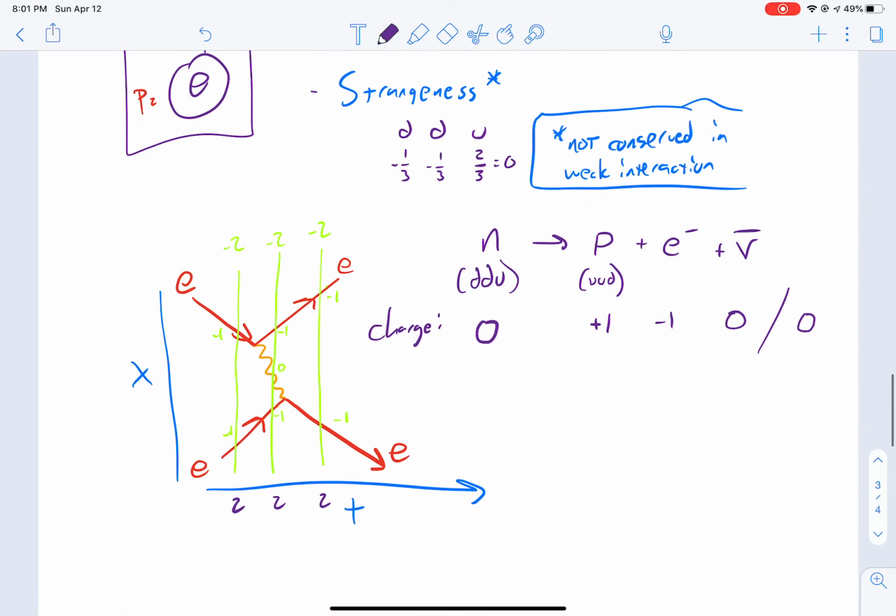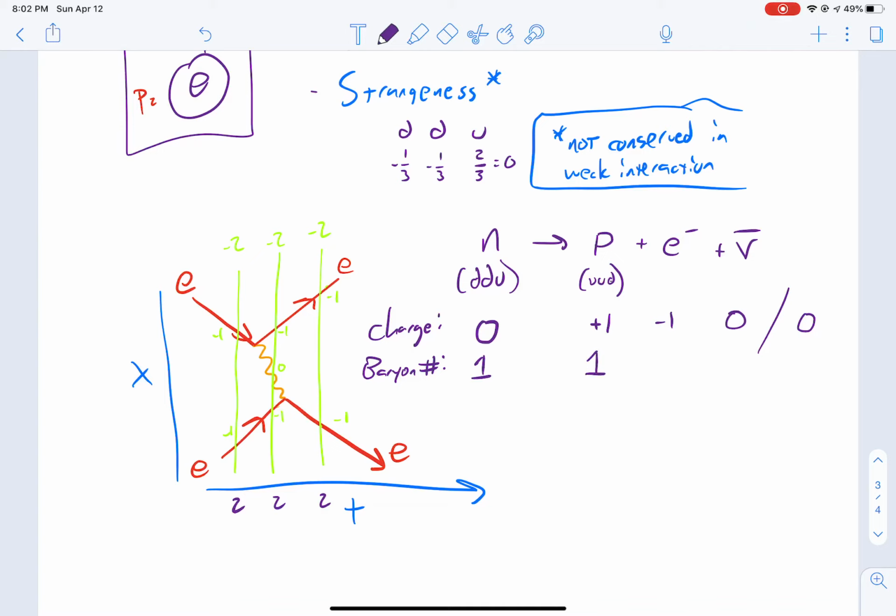Let's check the next thing: baryon number. Okay, well, remember each quark has a baryon number of 1/3. So 1/3 plus 1/3 plus 1/3 has a baryon number of 1. The left side of this equation must have a baryon number of 1. Let's check the right side. 1/3, 1/3, 1/3. The proton has a baryon number of 1.